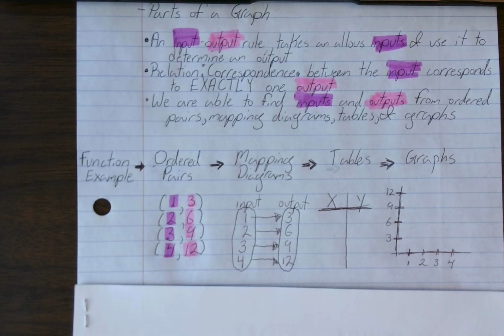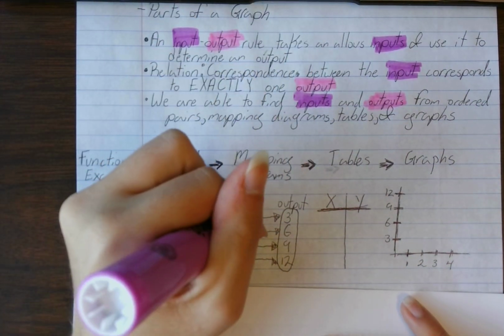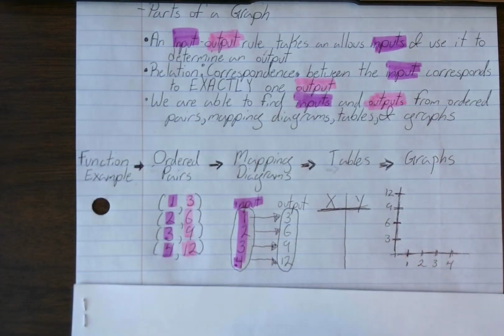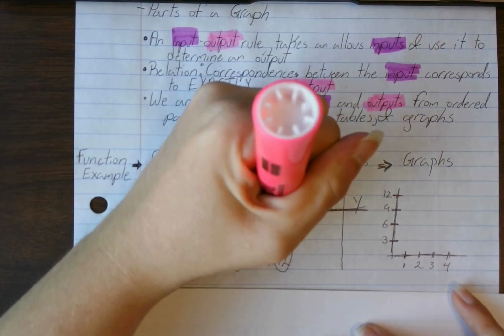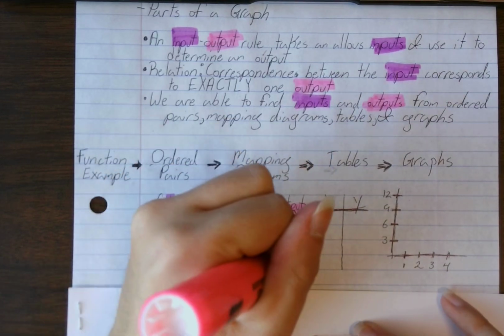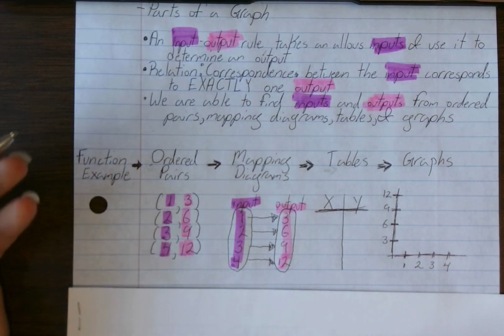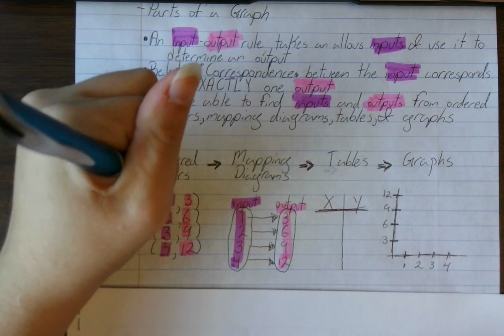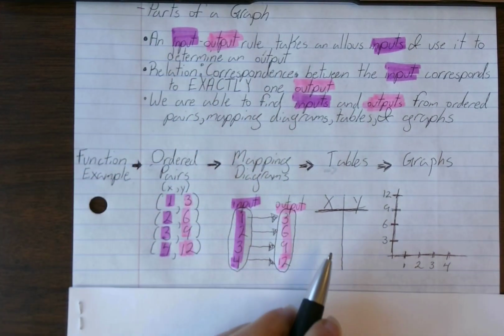And again, I'm just going to highlight the word input and highlight all my numbers that relate to it. And do the same thing for my output. Now we're going to fill in our table with our numbers because we know these are all of our X values since we have X, Y. And I'm going to put them all over here.